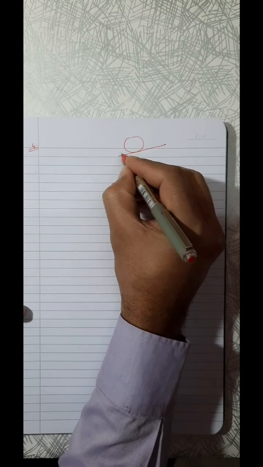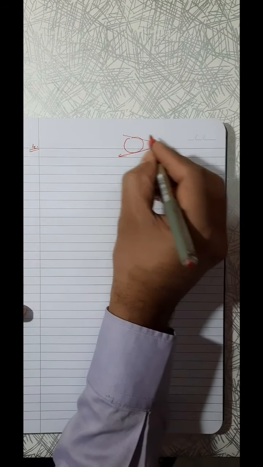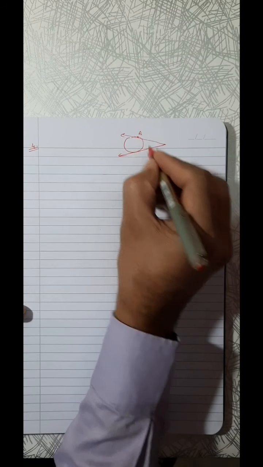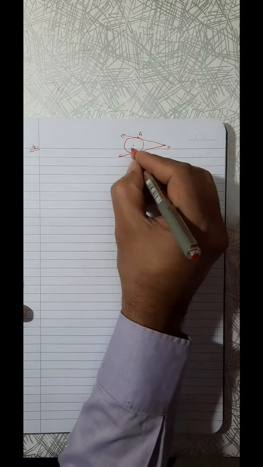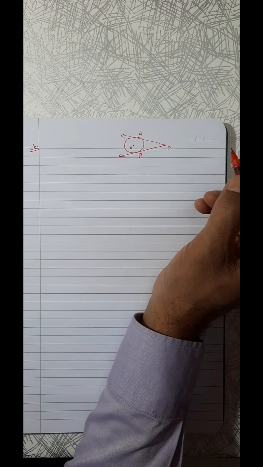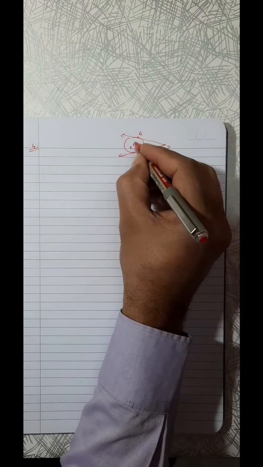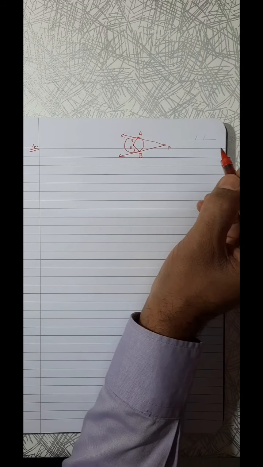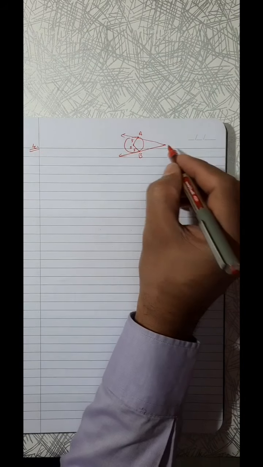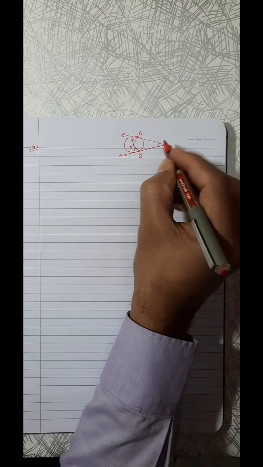If I draw the rough figure, P, A, B, circle with the center O. Draw a pair of tangents to a circle of radius 5. So radius of 5 here, this radius also 5. Tangents inclined to each other at an angle of 60.